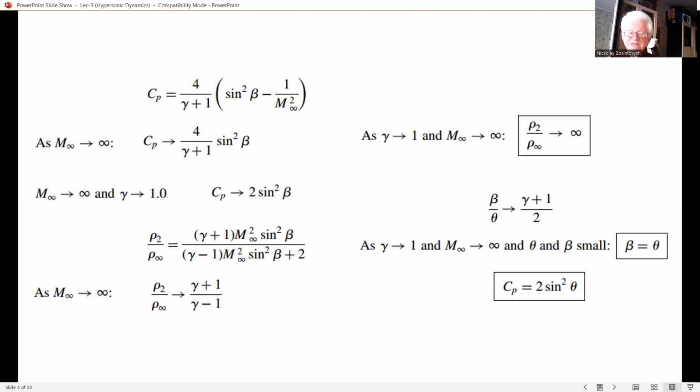Consider the exact oblique shock relation for rho 2 over rho infinity, given by this equation, repeated here again with subscript infinity replacing 1, okay? So we get this expression.